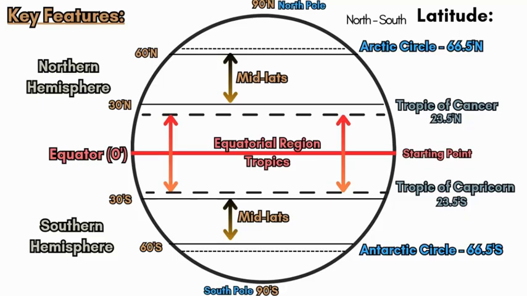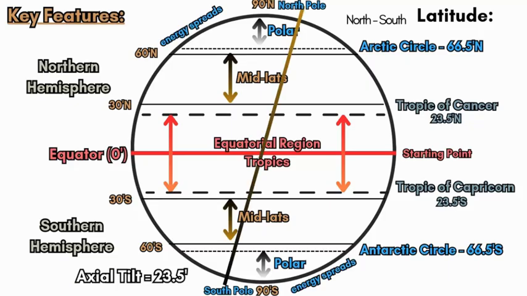Now, from this, we can establish and understand why the polar regions are extremely cold compared to the equator. It is because of the axial tilt and also the shape of the Earth and the direction and vector of the incoming solar radiation.